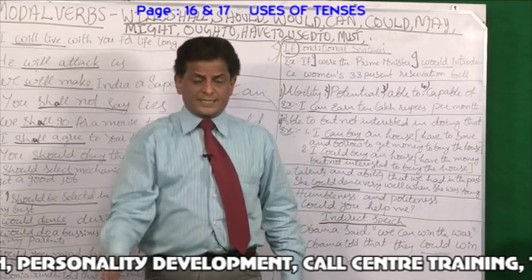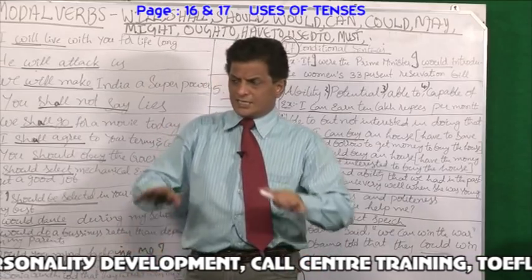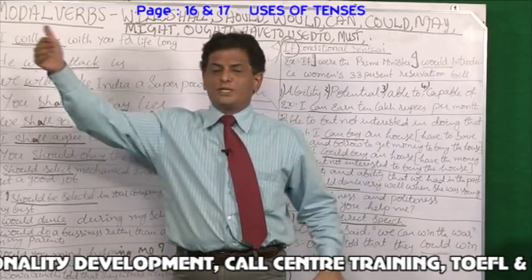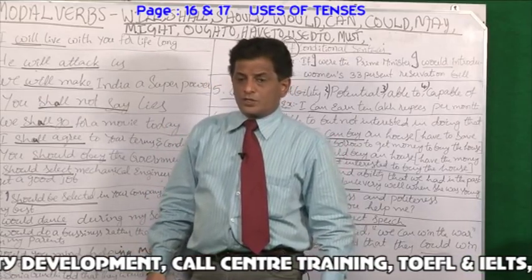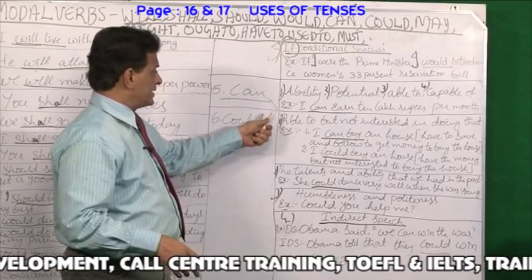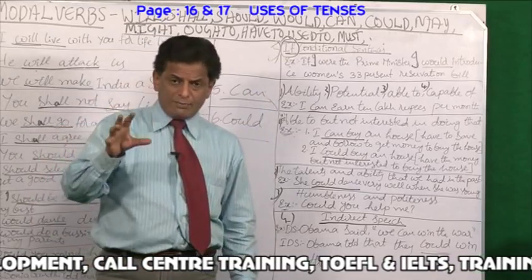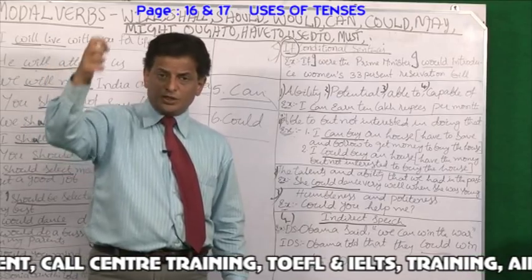Suppose if she says, you could meet the manager, it means that there is no problem, he is now free, you could meet the manager, no problem at all. So can and could, you should be able to identify the difference. Can means you can do certain things, but could means you can do, but you are not interested in doing that.